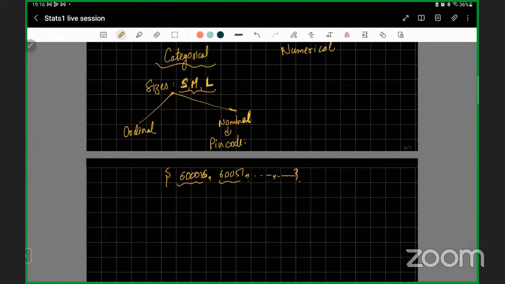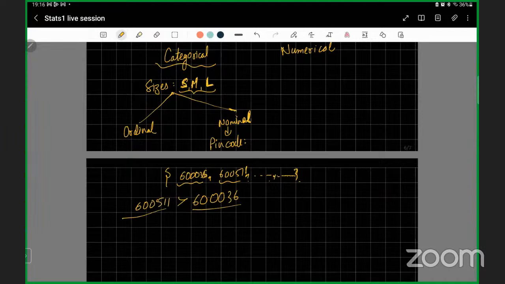You cannot say that this pin code, 600, sorry, there should be one more, 005, is greater than this one, right? There is no ground for that. Even though, if it is not said that they are pin codes, then it makes sense that this number is greater than this.